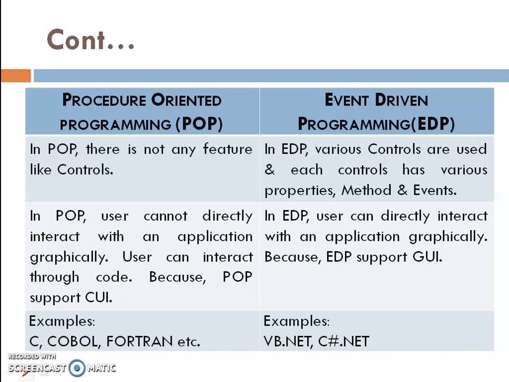In next point of EDP language is EDP user can directly interact with an application graphically. It support GUI. EDP support GUI form. Now the last point, the example of POP language is C, COBOL, Fortran, etc. And the last point of EDP programming language is example of EDP programming language is VB.NET, C#.NET and ASP.NET.